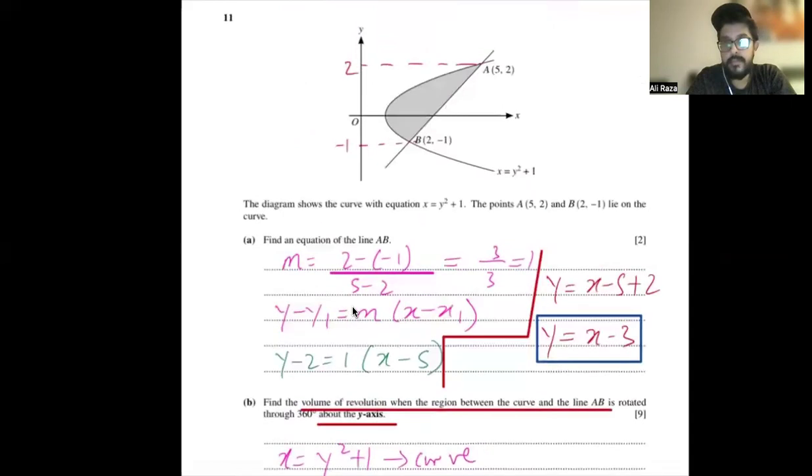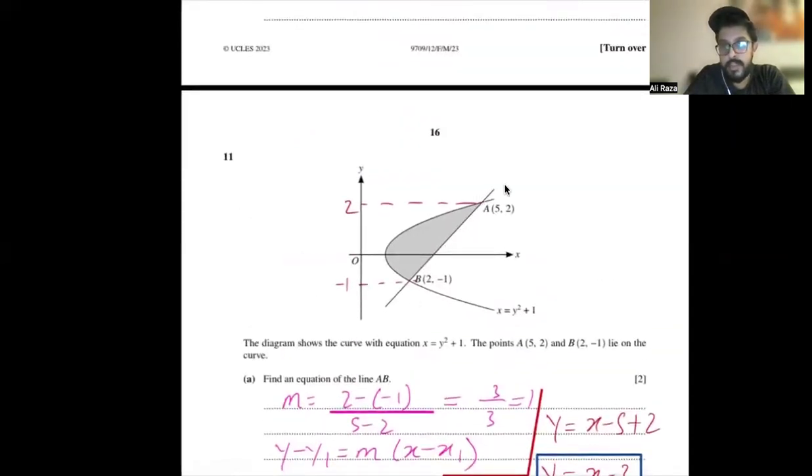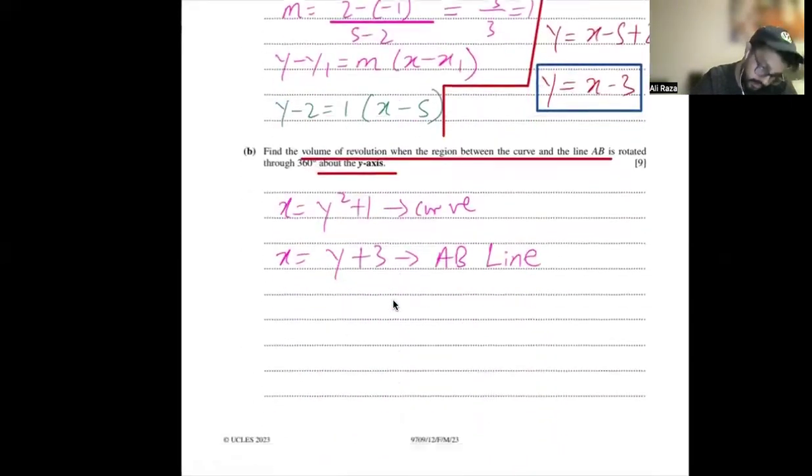So let's find the volume for the line AB first.